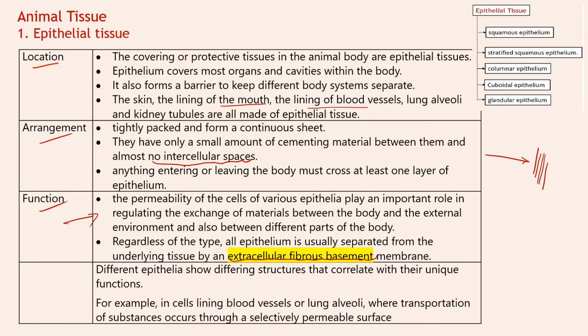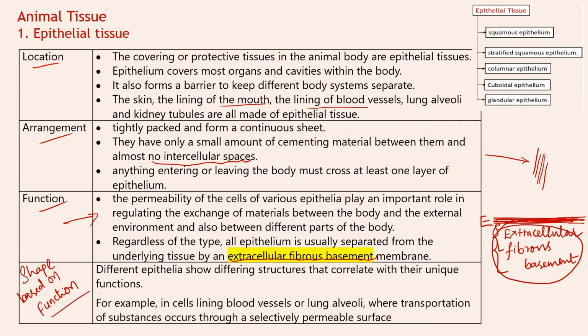So once the layer of epithelial tissue is there, it is separated from other cells by another layer beneath it, made up of extracellular fibrous basement. This layer will always be there beneath the epithelial cell.